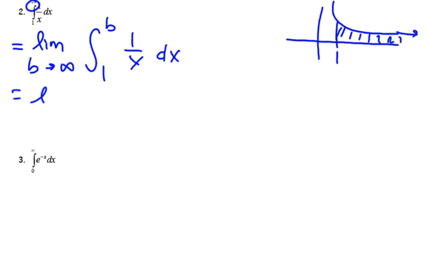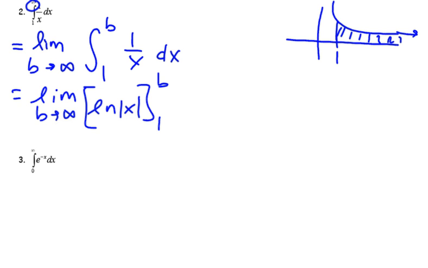Now the integral of 1 over x is natural log of x, and we're going to calculate that from 1 to b. At this step, you're not taking the limit first; you evaluate first and then calculate the limit. So this is the limit as b approaches infinity of natural log of b minus natural log of 1.